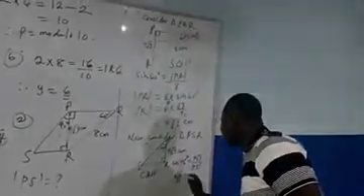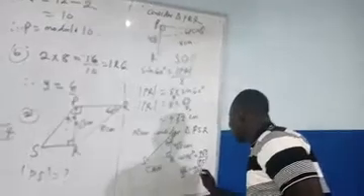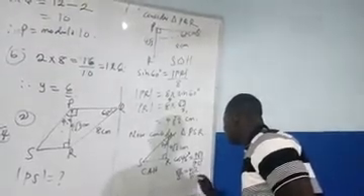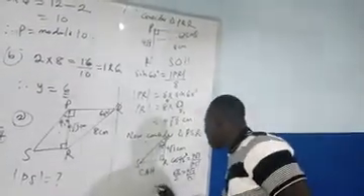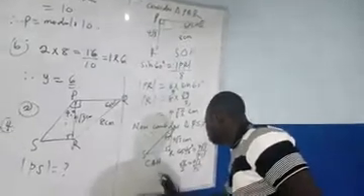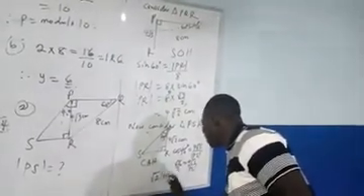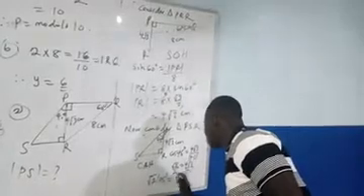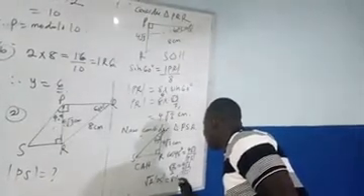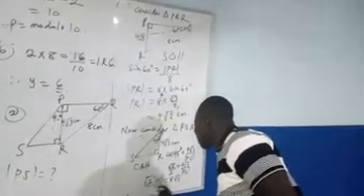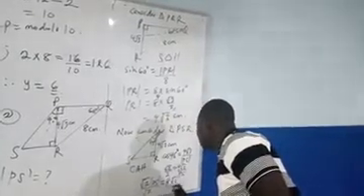Just like I told you, we must know all these special angles by heart. So you can cross multiply and have root 2 multiplied by length PS equals 2 times 4 root 3, that is 8 root 3. You can divide both sides by root 2.